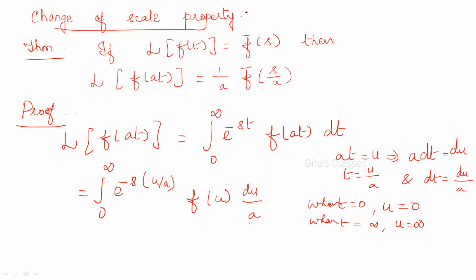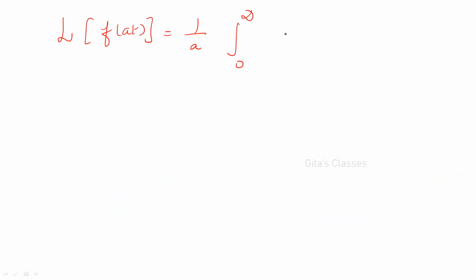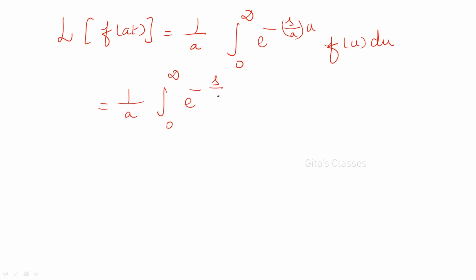That is, L of f of at is equal to 1 by a into the integral from 0 to infinity of e power minus su by a, which I am going to write as e power minus of s by a into u, into f of u du. Because u is a dummy variable, I can write it as e power minus s by a into t into f of t dt.